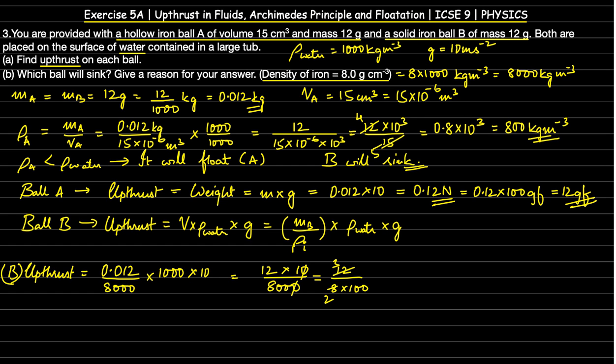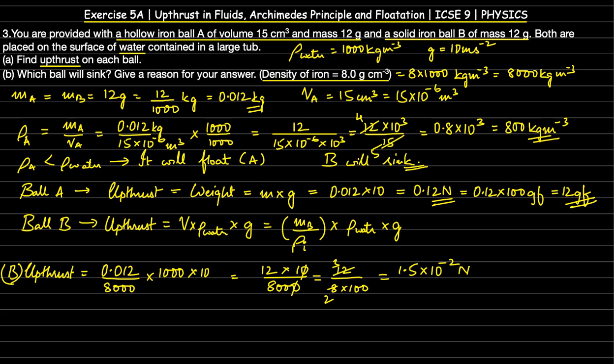And this 100 can be written as 10 to the power of plus 2, which goes to the numerator and becomes minus 2. So 3 by 2 is 1.5 into 10 to the power of minus 2. So we have got the upthrust for B as 1.5 into 10 to the power of minus 2 newtons.